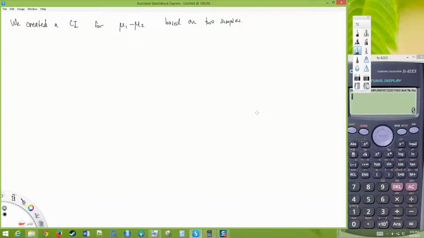And your conclusion there was also, if the confidence interval contains 0, we said what? We do not have evidence that mu1 and mu2 are different.